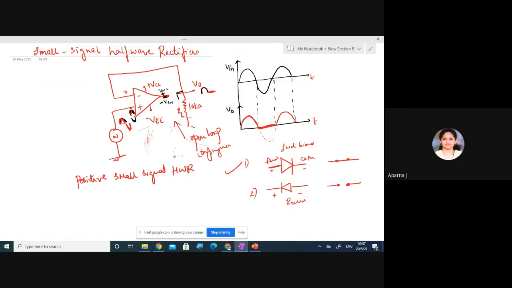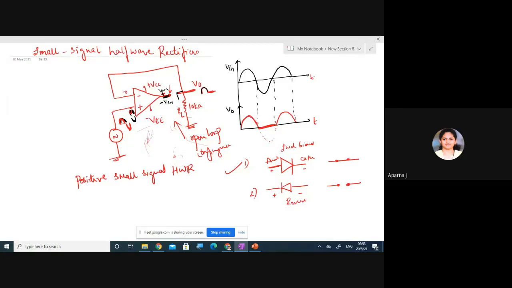Here the output of this op amp is at saturation level, but we are taking V naught at this point. So V naught will be 0 as the load is connected here to ground. There is no current flowing across the load, so the voltage will also be zero. But at this point, the output of this comparator is at saturation level, and we say that this is in open loop configuration.